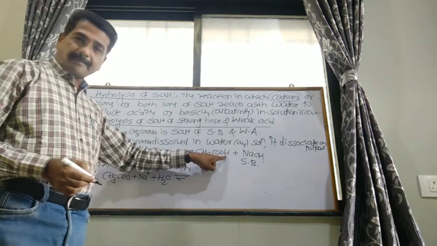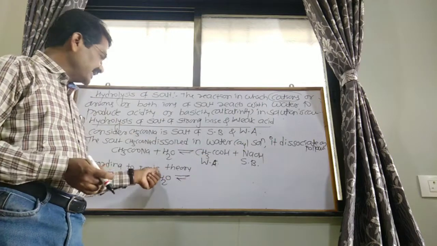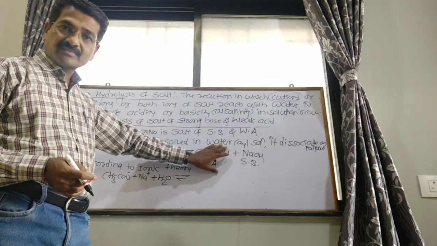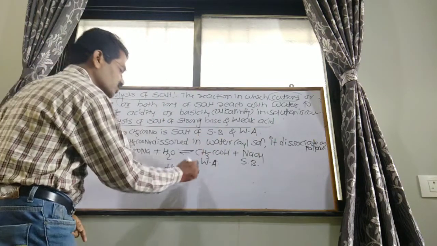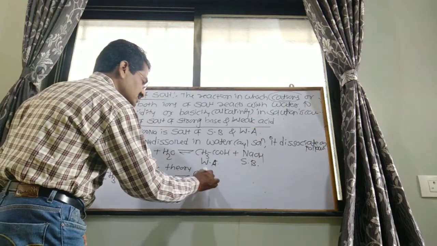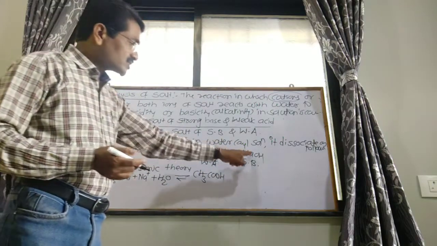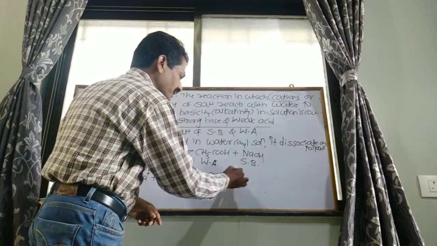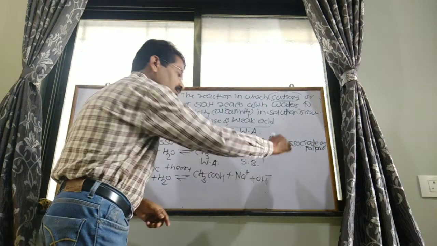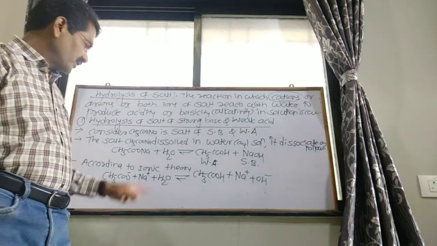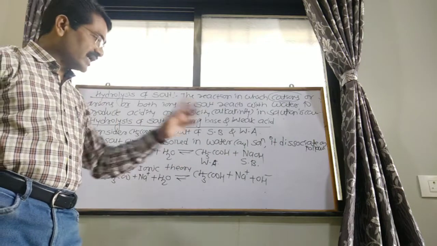This is a weak acid, a weak electrolyte. Ionic theory is not applicable for weak electrolytes, hence CH3COOH remains constant and cannot break to give ions. But this strong base breaks up to give Na plus and OH minus ions. Ionic theory is applicable only for the strong electrolyte, to give the ions.